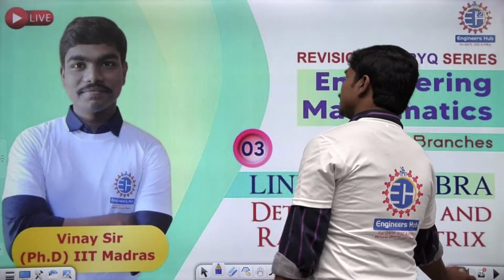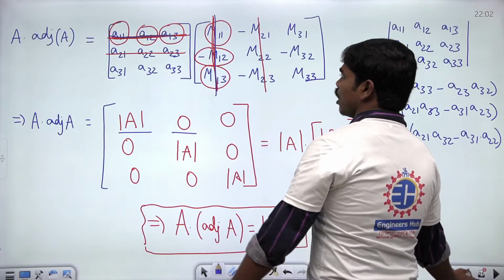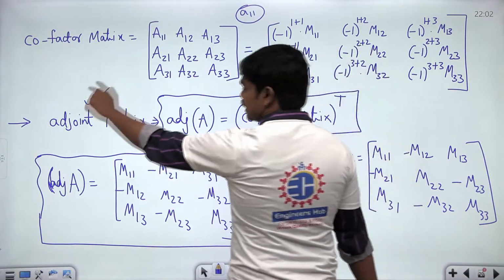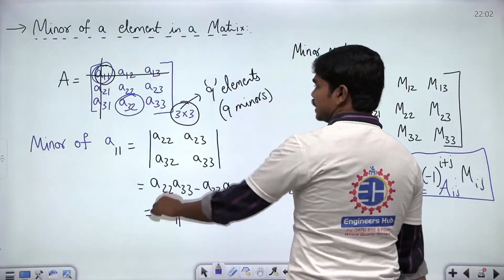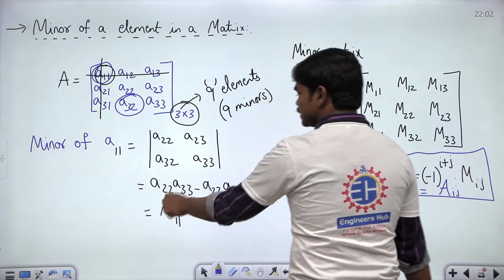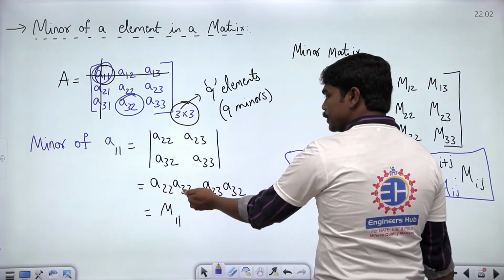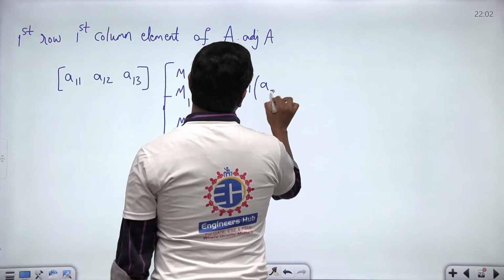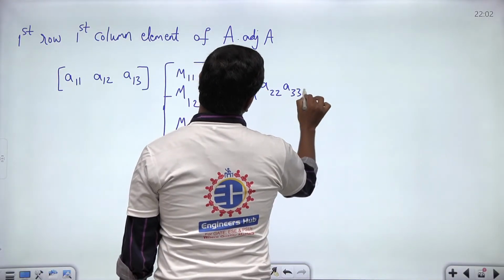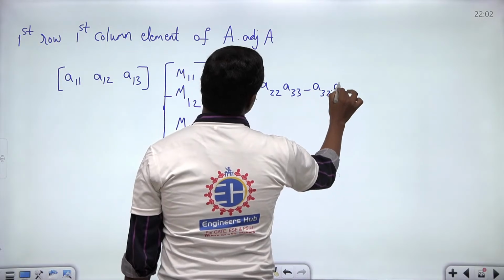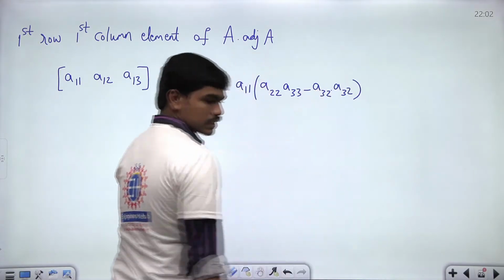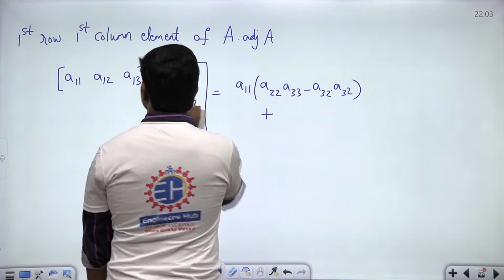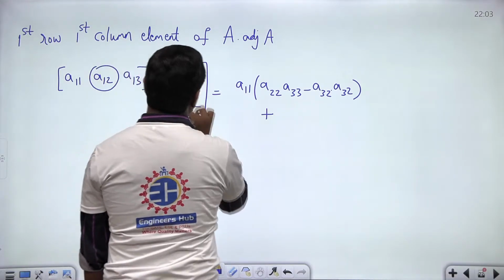What is M11 here? The minor of the first element, M11, we have calculated here. Minor of A11, which is M11, is given by A22 into A33 minus A23 into A32. So A22 A33 minus A23 A32, this is what we have, correct.